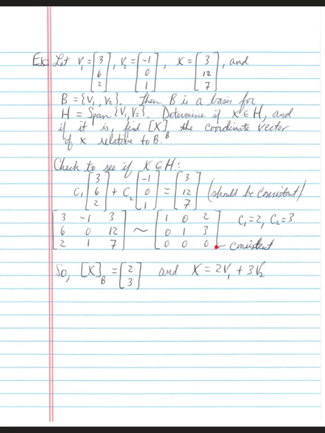We have a row of zeros, so that's consistent. C1 is equal to 2 and C2 is equal to 3. Well, now that you've figured out the weights, you know X sub B because it's the column of those weights. And vector X can be written as 2 times vector 1 plus 3 times vector 2.